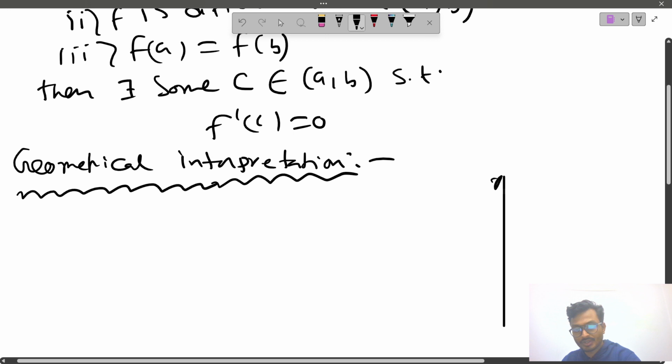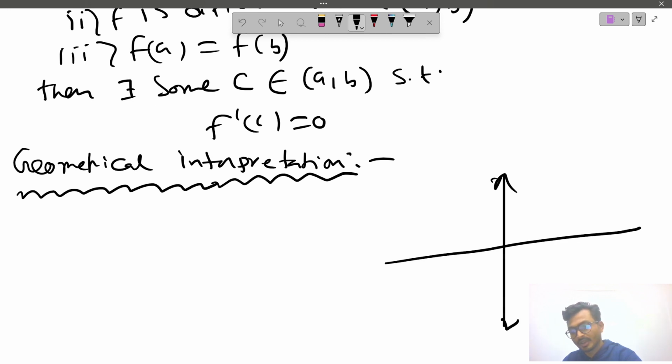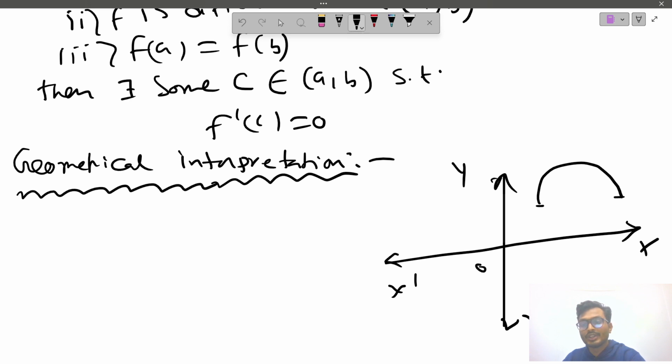This is y and this is x, so this is X'OX and Y'OY. Now we are taking some function, where this function is continuous. Clearly this function is continuous because there is no break in [a, b].